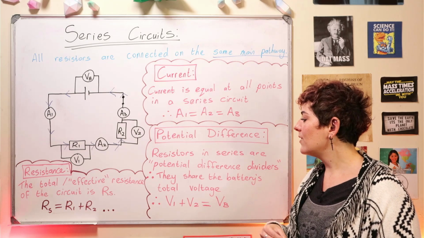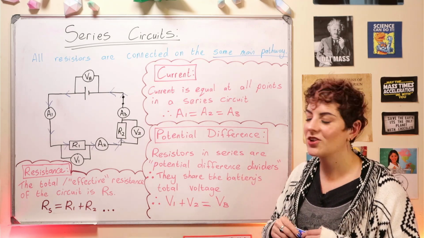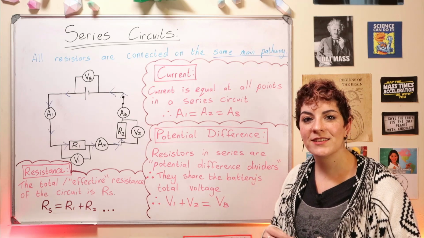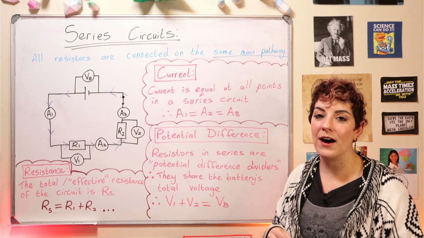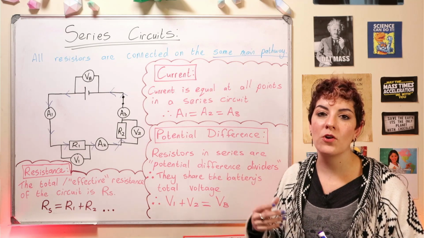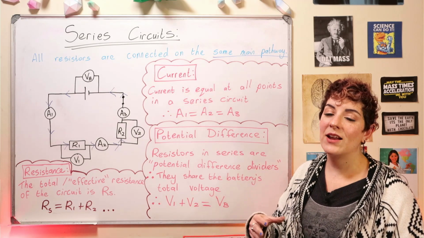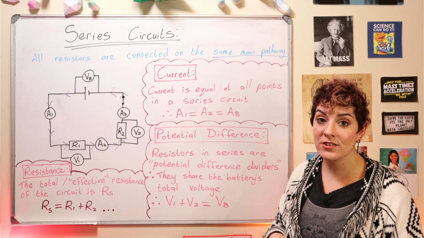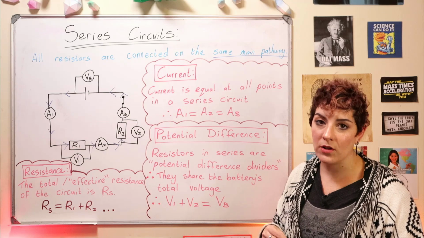Okay, so now let's move on to potential difference or voltage. Resistors in series are said to be potential difference dividers. This is a common term for resistors in series. And what that really means is that resistors in series share the battery's total voltage.